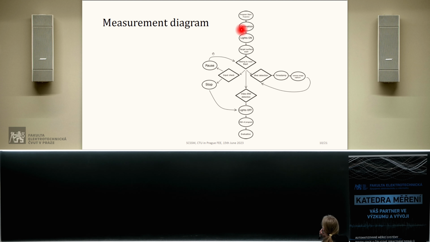Another important step is the target surface scan, because we can have some holes before the shooting session, and we should know these holes and save them to memory. The next important step is shooting detection by microphone, with a timestamp, and we save a photo from the camera.